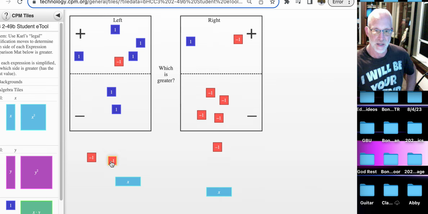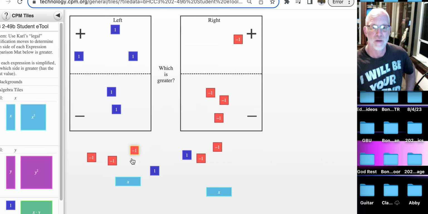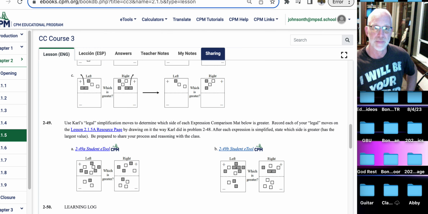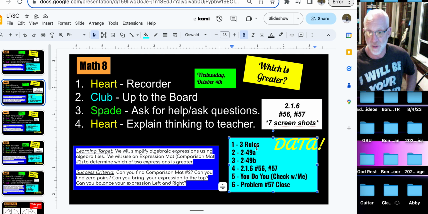I can take this off of here and this off of here because they're balanced, right? It's like a scale. That's one way to do it. Some people just take zero pairs. That's fine. There are different ways to approach these problems. That's just an idea.